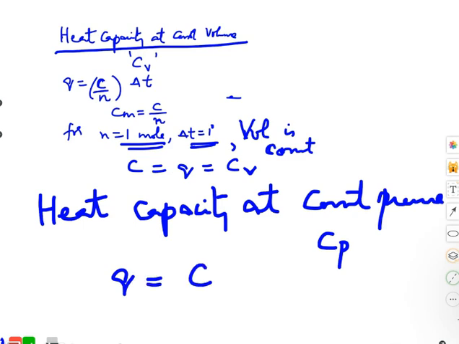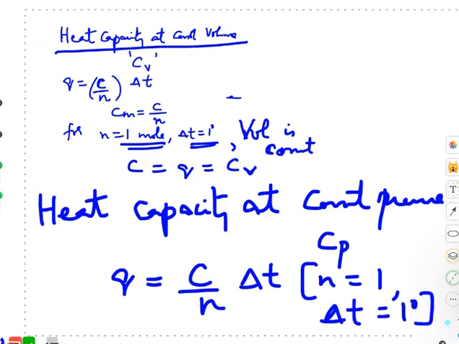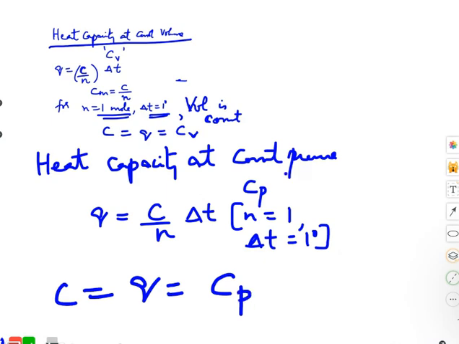So Q is equal to C by n delta T, n is equal to 1, delta T is 1. What happens to your C? Equal to Q, sir. Cp.